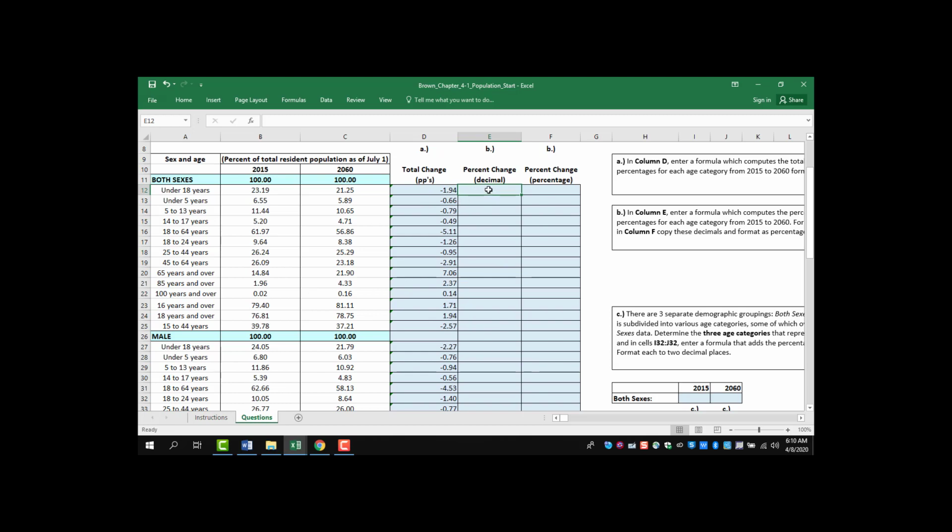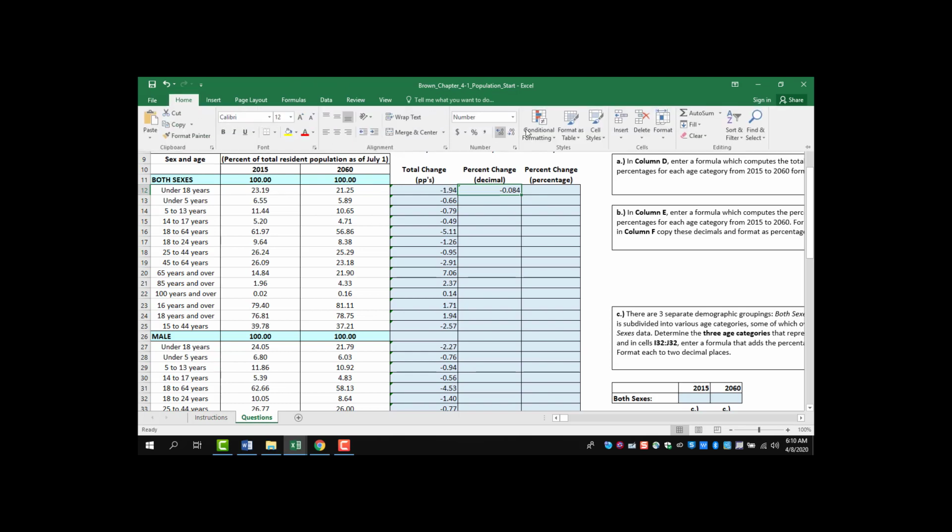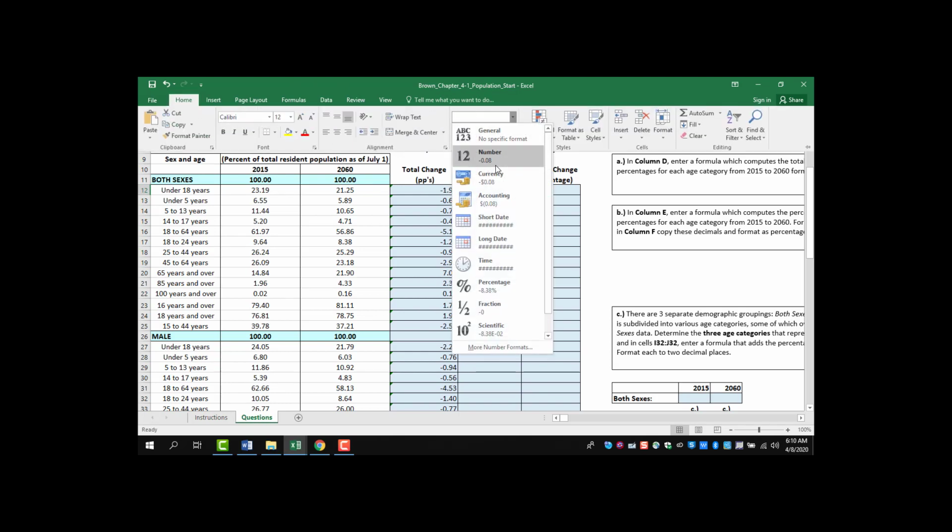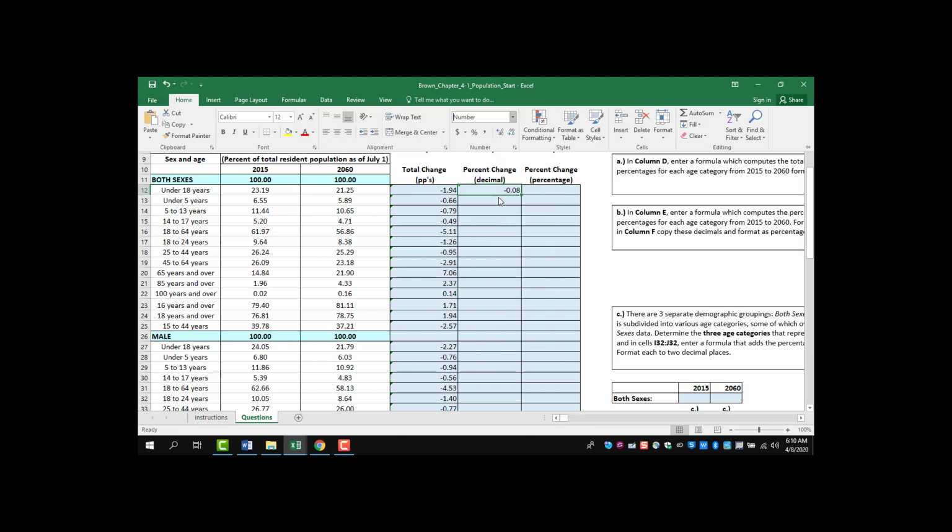So I'm going to leave this one for you. Percent change of the decimal is going to be just total change divided by original. And they want that to 3 decimal places as a number, or I think it's a number. I believe it's 3 decimals. You can look at that.